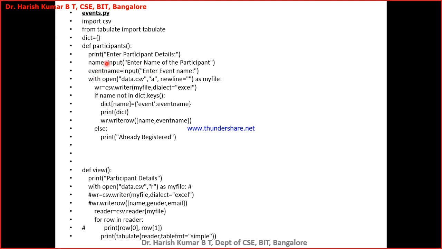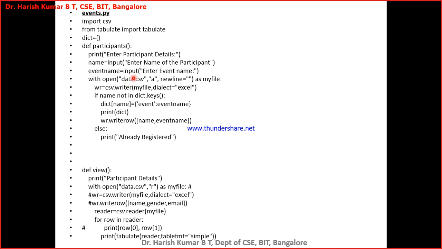I'm reading the name of the participant and the event he is interested in joining. Next, these two, the name of the participant and the event for which he is registering, I have to save them. Yes or no? I need to save it. Now where do I have to save it?